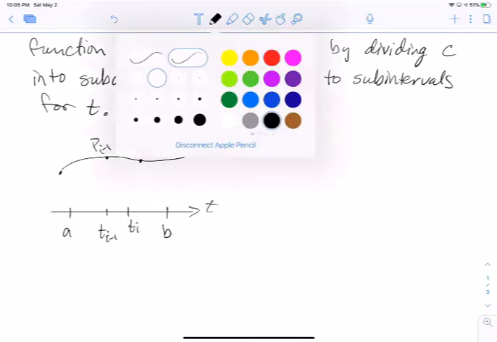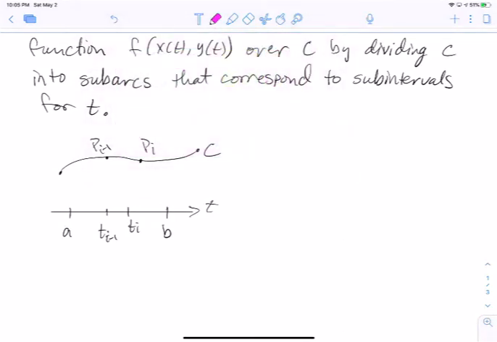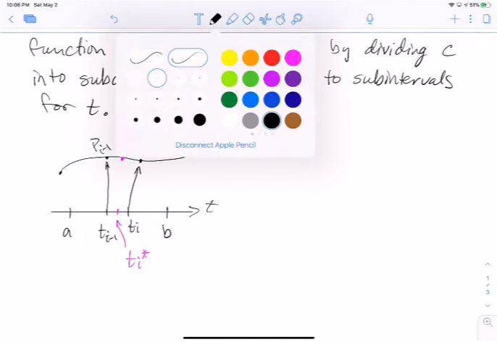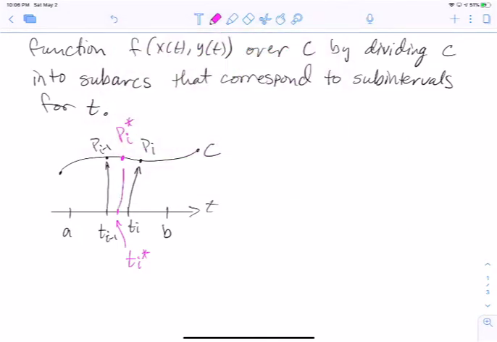Now, as we've seen before, if we consider a representative element within the subarc, call it P sub i star, then say that corresponds to a t sub i star. And the idea here is that for these values of t, we map to points P on the curve C. And t sub i star maps to an element in the ith subarc of C.